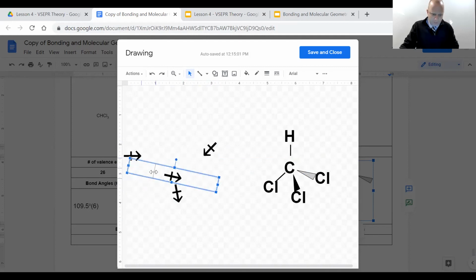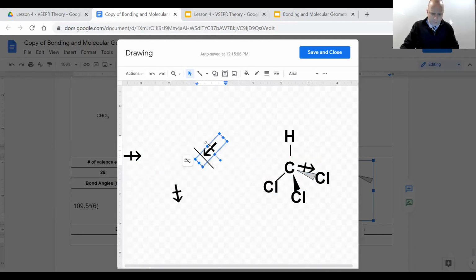It doesn't need to be that big. So we're going to point out toward a chlorine. We're going to point down toward a chlorine there. We're going to point down toward a chlorine here. And then lastly, we are going to have this last one.